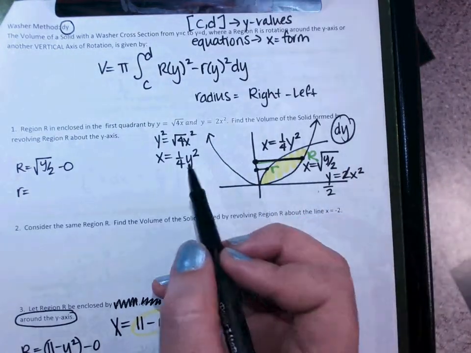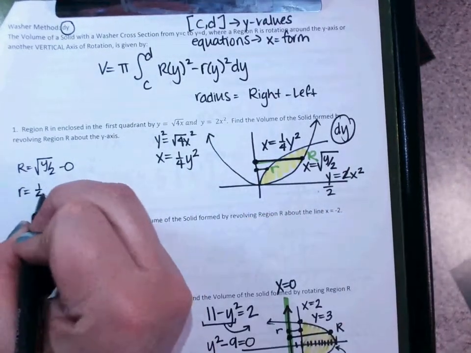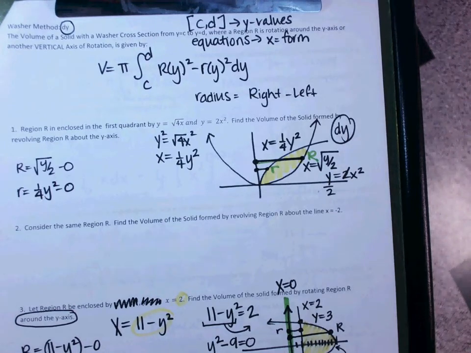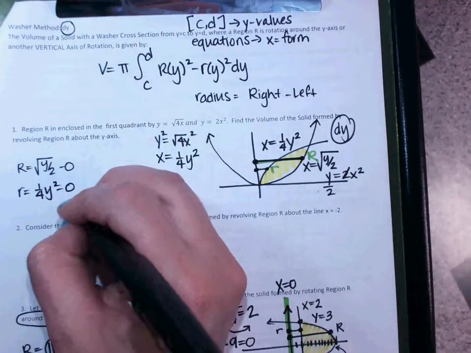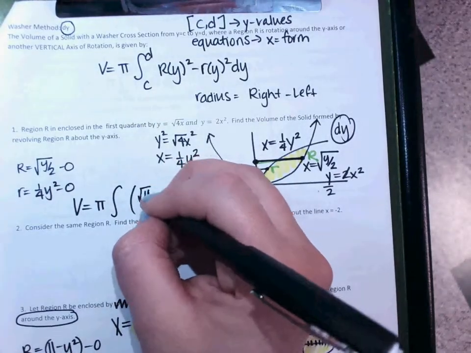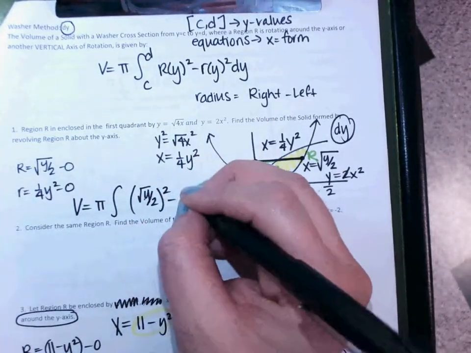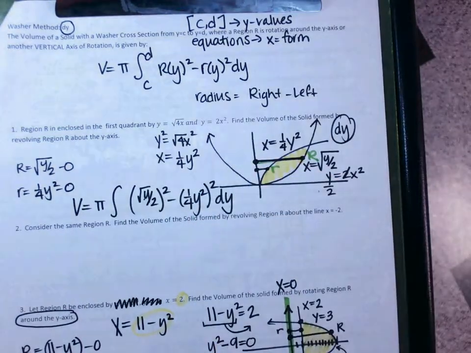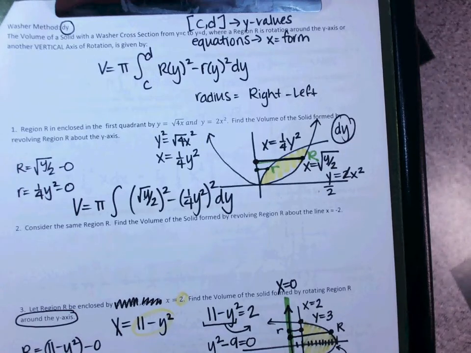Wasn't it 1/4 y squared? And then minus 0. Now, when I set up my integral, what am I going to need to find for my endpoints? Where they intersect. So I'm going to put volume equals pi integral of root y over 2 squared minus 1/4 y squared dy. And then the one other thing we still have to find is where those cross each other.